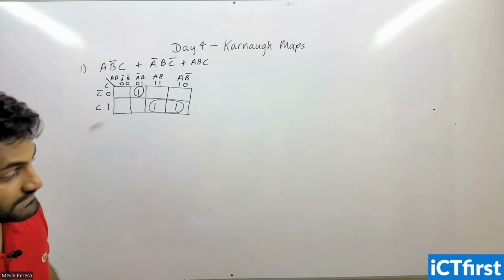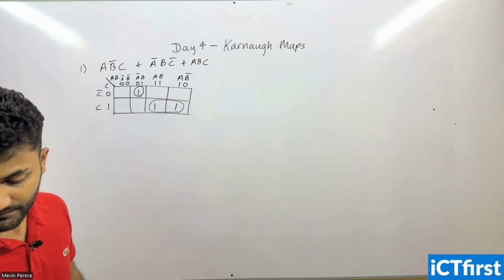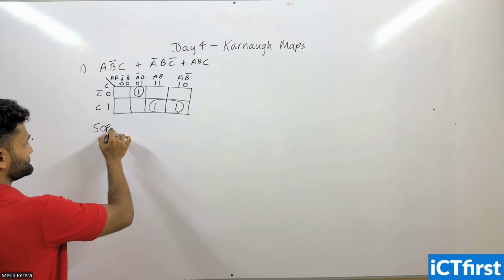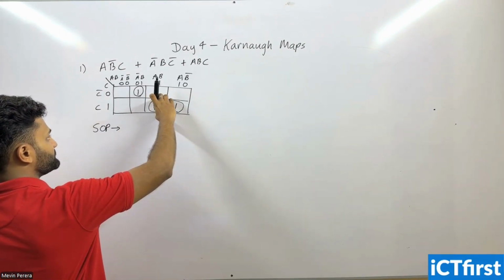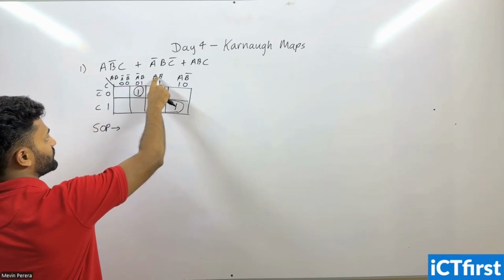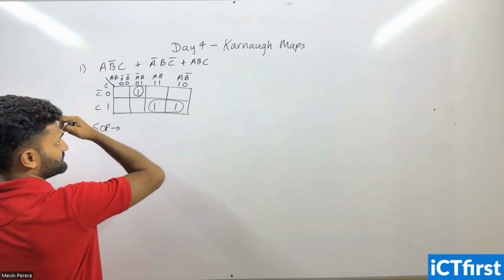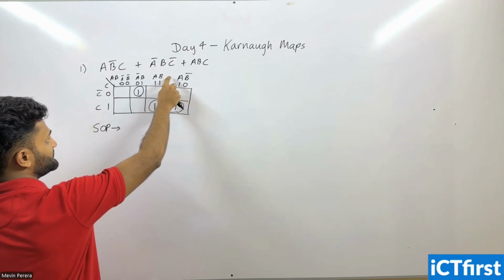Okay, I explain that particular part as well here, right? We are getting this SOP expression since those are ones. So when we take this first group, the common thing for both of them is A, right? So these two columns, the common one is A. B is changing.